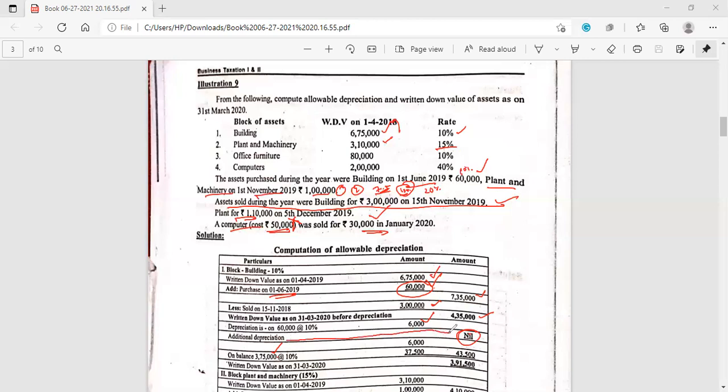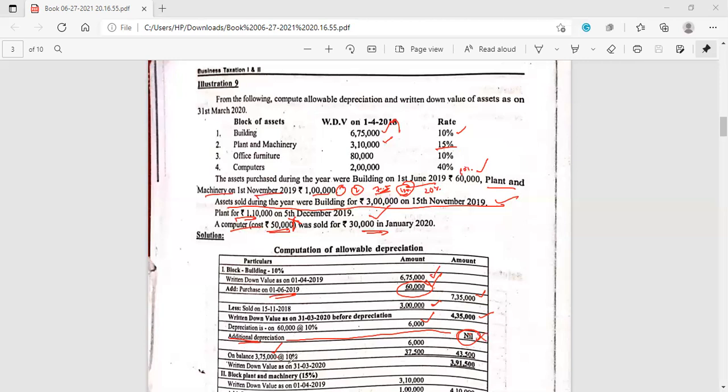I don't know why they have taken it here. This is the textbook sum. It is not required because this asset does not belong to that category of asset which is eligible to charge additional depreciation. It is not at all required here.